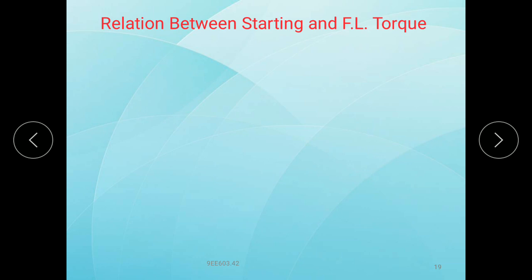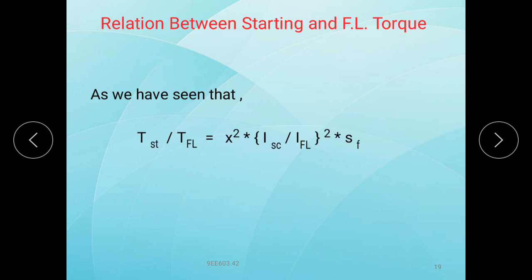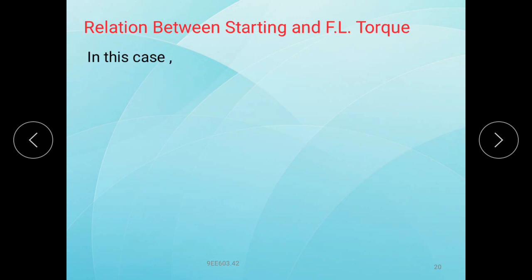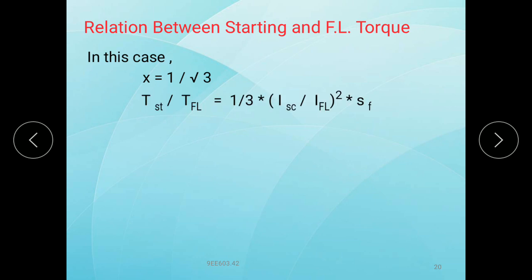Relation between starting and full load torque. As we have seen, starting by full load current is equal to x square into ISC by IFL whole square into SF, where x is the factor by which voltage is applied. In this case, x is equal to 1 by root 3, so TST by TFL is equal to 1 by 3 into ISC by IFL whole square into SF.